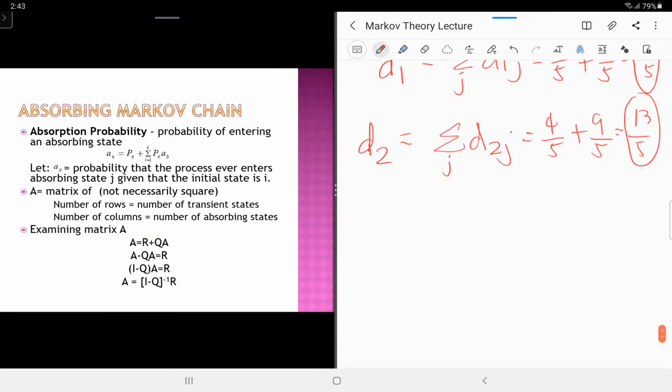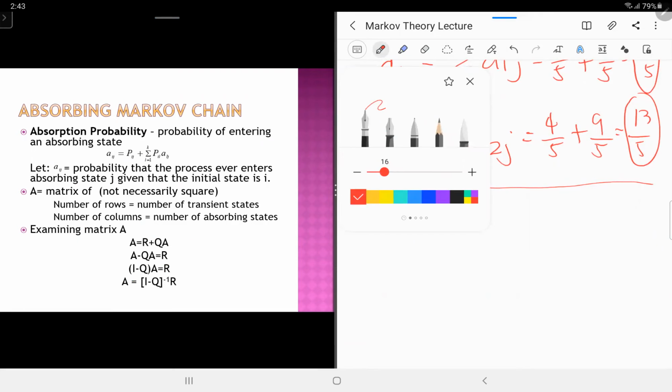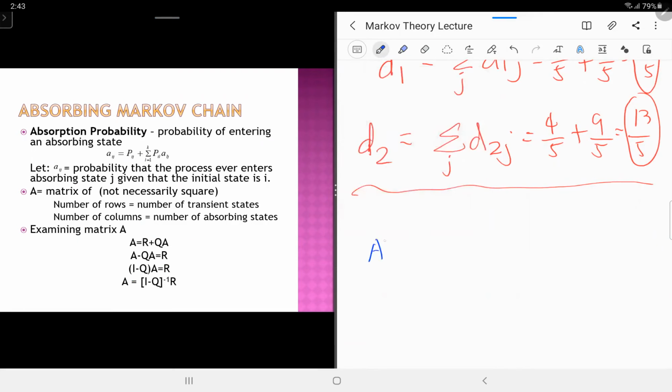So this time we discuss, this is the second to the last, no? So absorption probability.